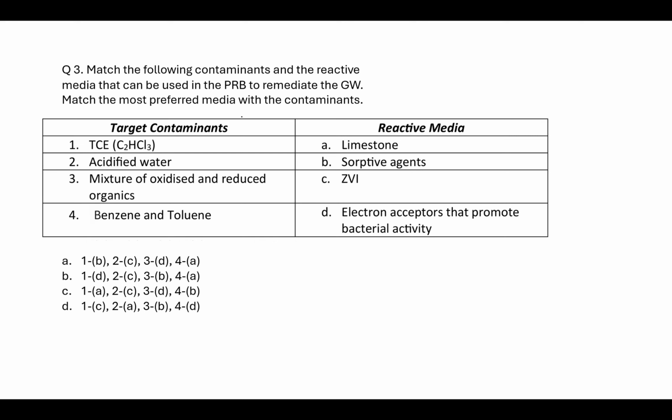First is TCE, next is acidified water, third is a mixture of oxidized and reduced organics, and fourth is benzene and toluene. And we have four reactive media: limestone, sorption reagents, zero valent iron, and electron acceptors that promote bacterial activity.